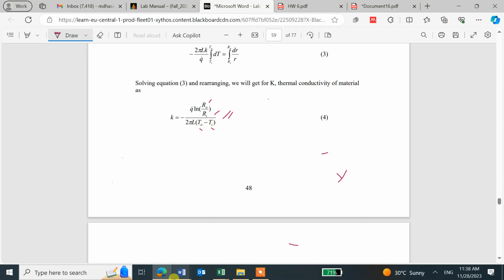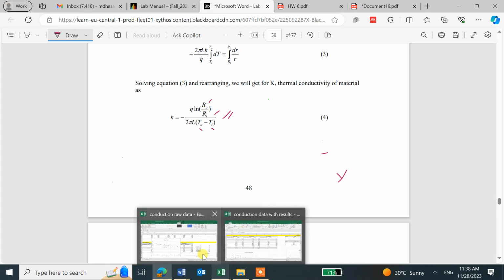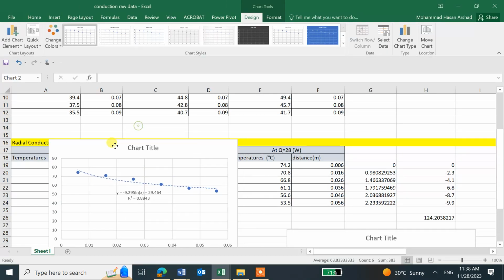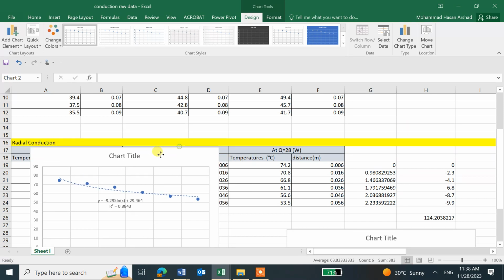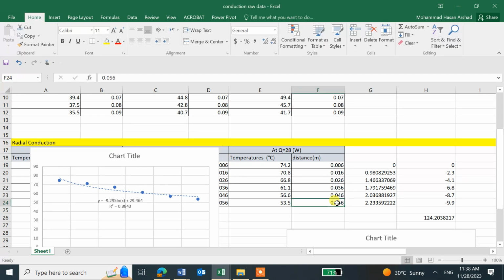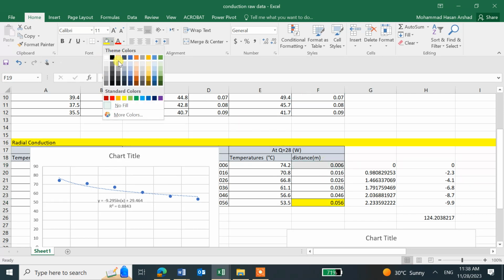For example, here, ln r naught is this one, this is r naught, and this is ri.